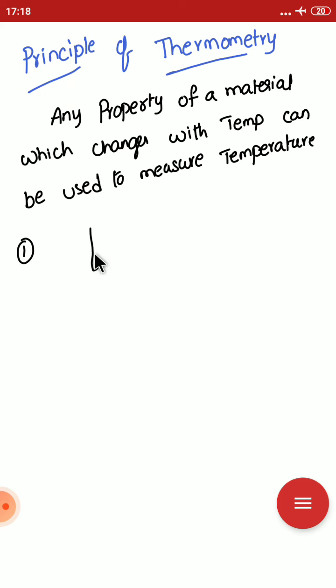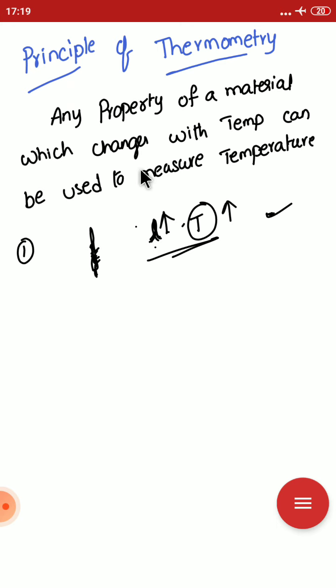Generally a mercury thermometer is used. The mercury inside expands lengthwise when the temperature rises. Here the property of the material, the length, changes corresponding to the rise of the temperature.